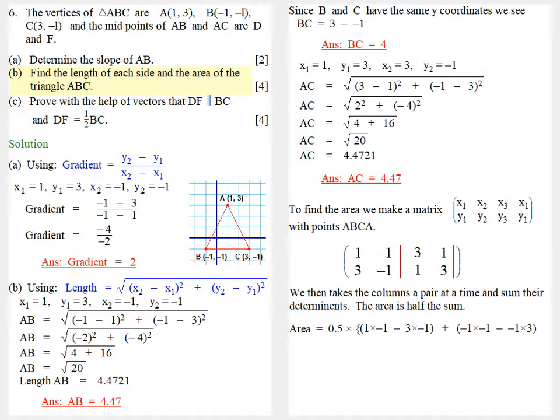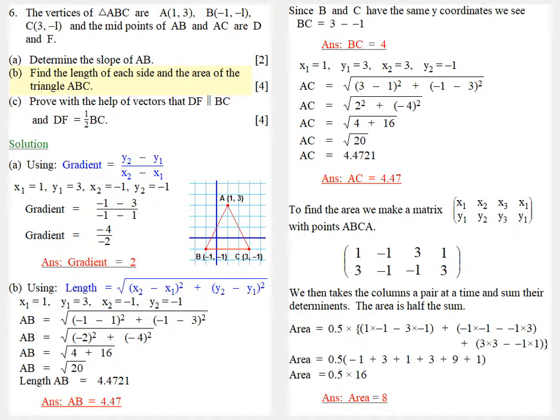We then take the third pair of columns and we work out the determinant. So that is 3 times 3, take away -1 times 1. Now all of that simplifies, so we get the area is equal to 0.5 times (-1 plus 3 plus 1 plus 3 plus 9 plus 1). So the area is 0.5 times 16, or the area is 8.